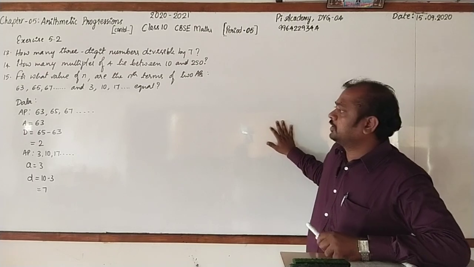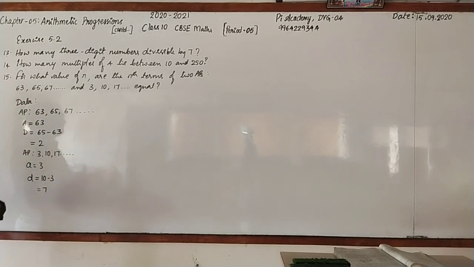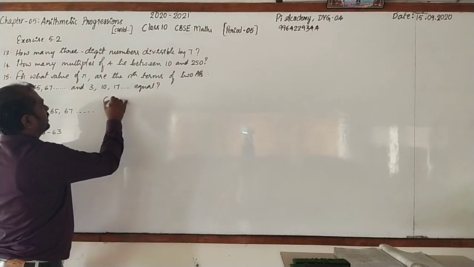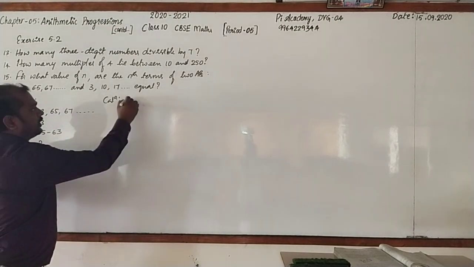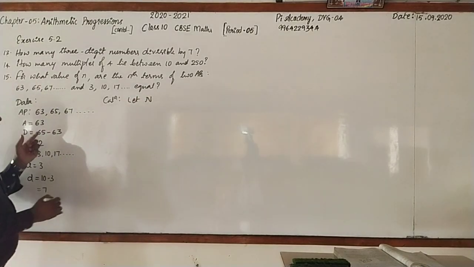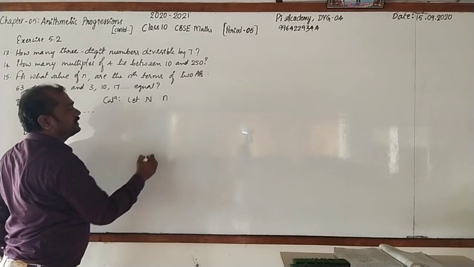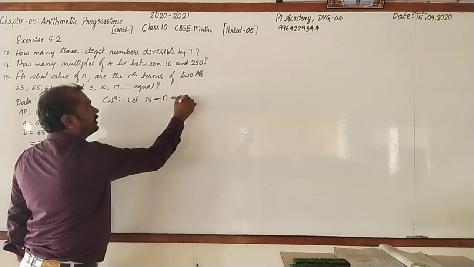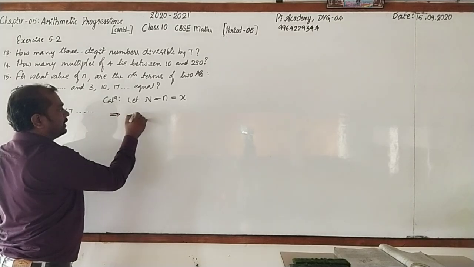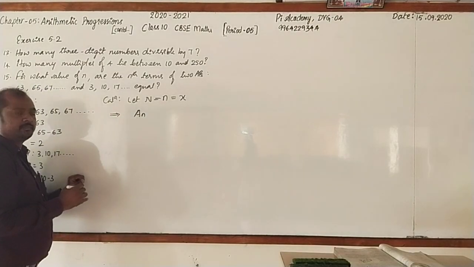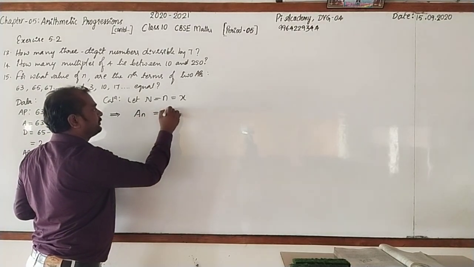Observe that. They have given the nth terms of two APs are equal. So here I'll write the number of terms will also be equal. Hence I take capital N as the number of terms in first AP, small n in second AP. It is equal to, I take this as x. Hope that you have understood. Next, from the statement, nth term of first AP is equal to nth term of second AP.